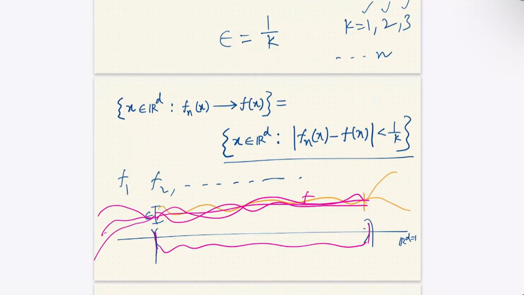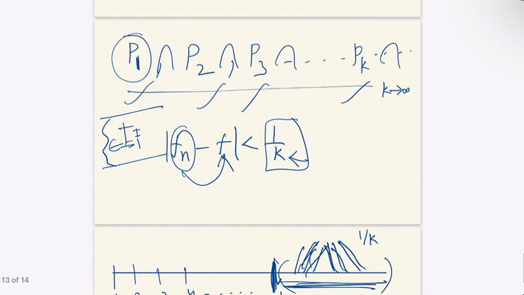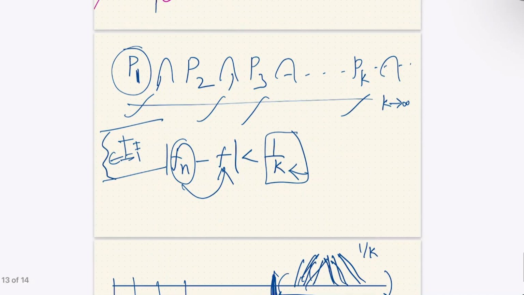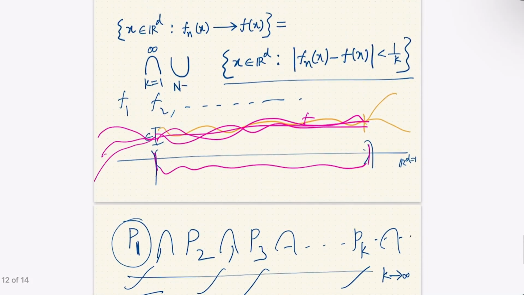So if I choose that intersection, the intersection of k equal to 1 to infinity, and also there is something called the union of the stages. I have to stage them. The union of the stages from capital N equal to 1 to infinity.